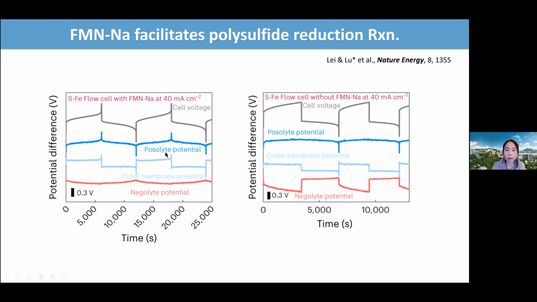And you can separate it into the positive electrolyte, polysulfide, the membrane overpotential, and then the negolyte potential. For the cell with FMNA and without FMNA, you can see they have a huge difference in the overpotential at the negative electrolyte side. And so this further indicates and supports that this molecular catalyst indeed reduces the overpotential at the polysulfide side.